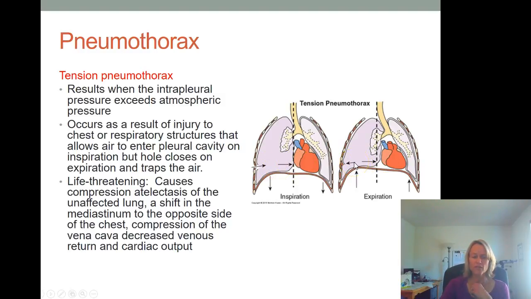So this is even more life-threatening than a traumatic pneumothorax, because the pressure is just increasing and increasing, and this eventually causes a shift in the mediastinum. The whole mediastinum moves over, and we get compression of the unaffected lung, and this whole shift can lead to compression of the vena cava, a decreased venous return to the heart, and a decreased cardiac output.